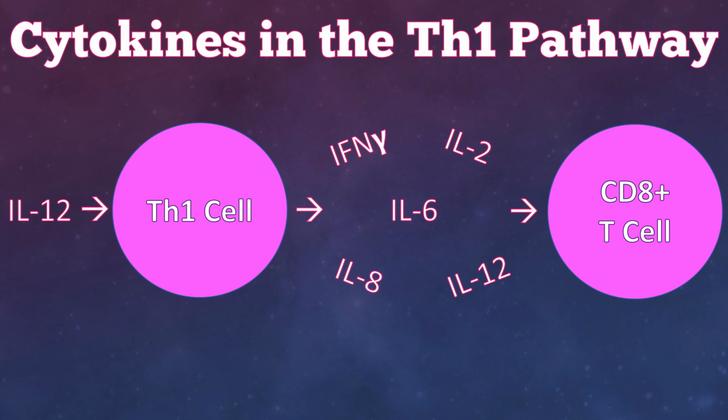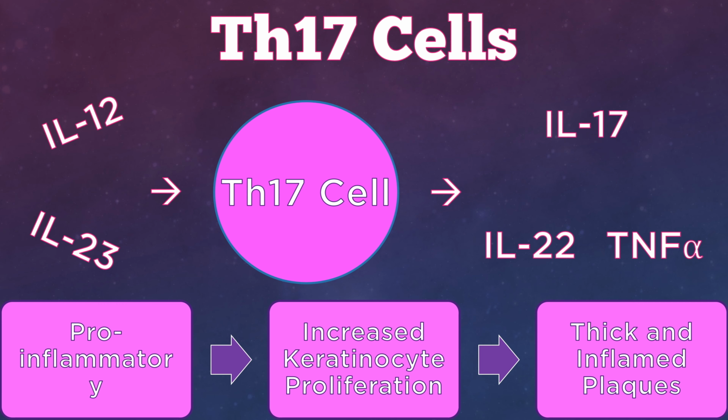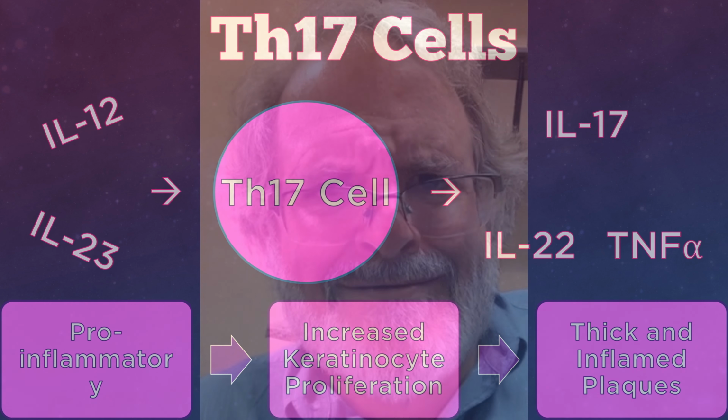The Th1 cells are making interferon gamma and a variety of interleukins like IL-2, 6, 8, and 12, which contribute to an increase in active CD8 cells that are causing inflammation in the skin. Then there's Th17 cells that are making IL-17 and IL-22 that increase inflammation and more keratinocyte proliferation. By golly, Dr. G, even the keratinocytes themselves are making TNF-alpha and causing more inflammation.